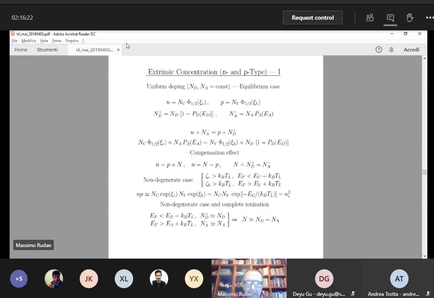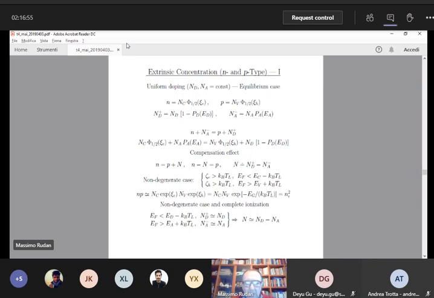And similarly, if there is one electron in the conduction band, it may come either from the valence band or from a donor atom. So globally, the balance equation reads, as you can see in the third line of the page, N plus NA minus must be equal to P plus ND plus.